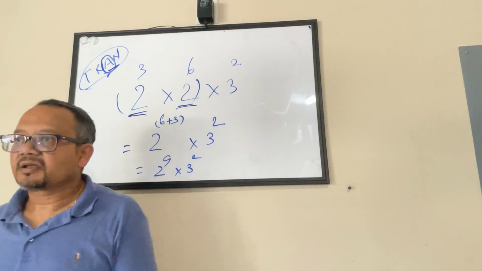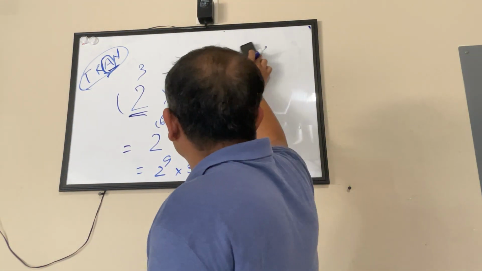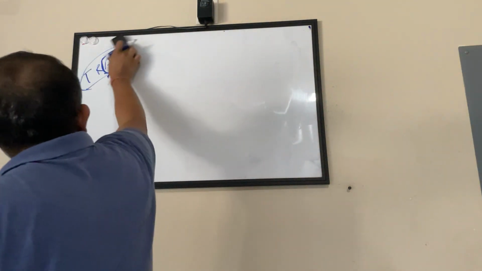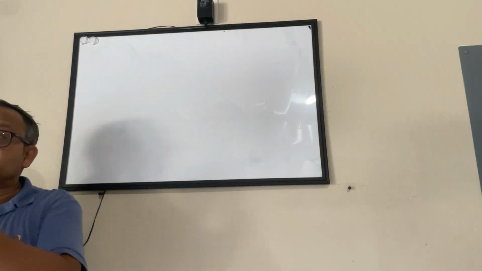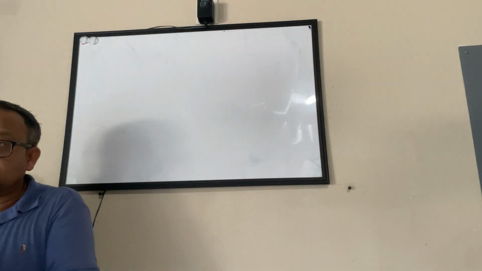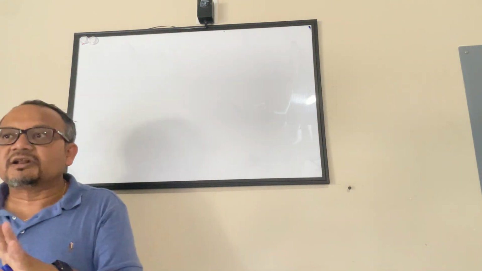Okay? So this is another one. Now, here what is most important? Make sure that you read the question correctly and ensure that your bases are the same if you are dealing with exponents. Okay? If the base is different, don't treat them like regular exponents.